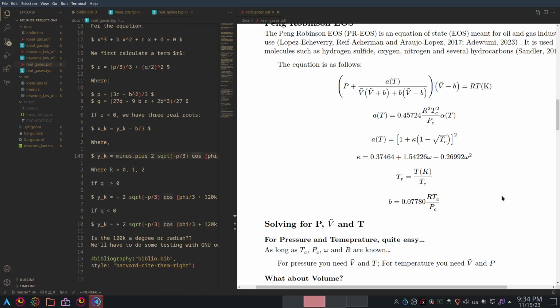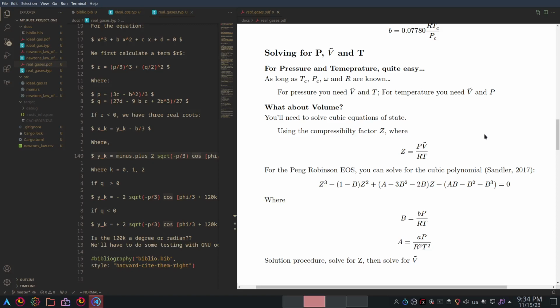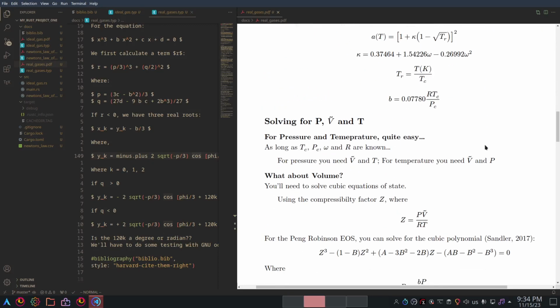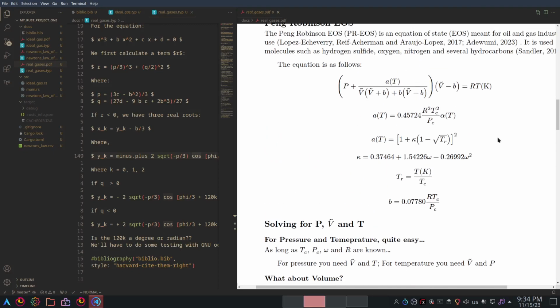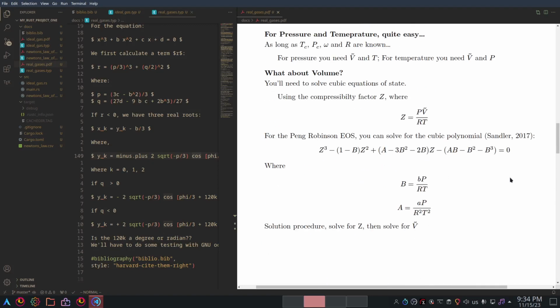A of T has the eccentricity factor inside it, so you don't really want to deal with it. But once the temperature is known, once the eccentricity factor is known, that A of T is practically a constant.